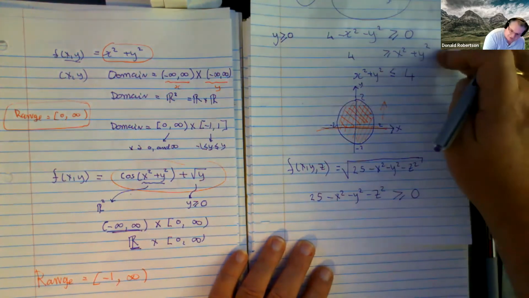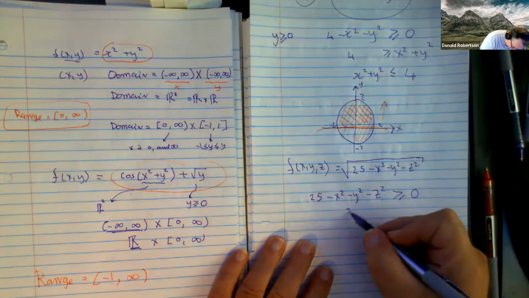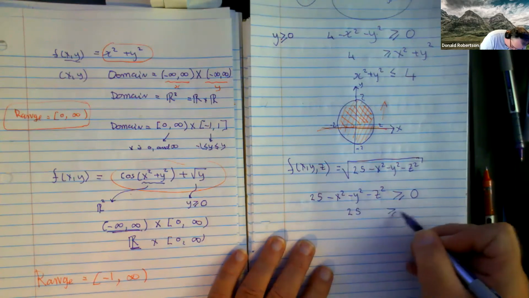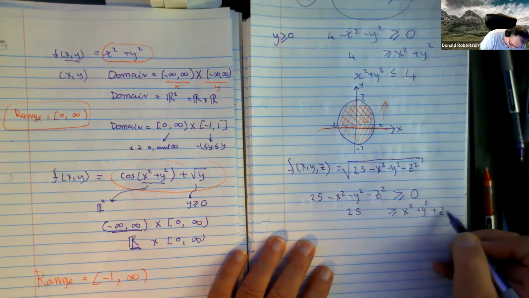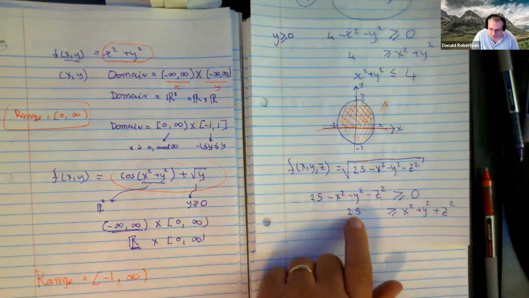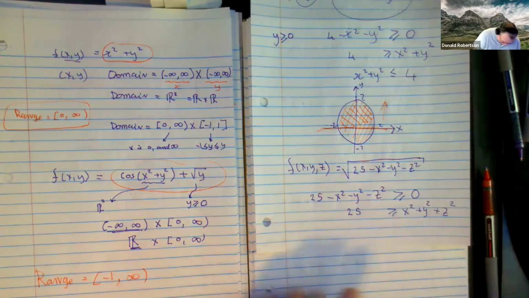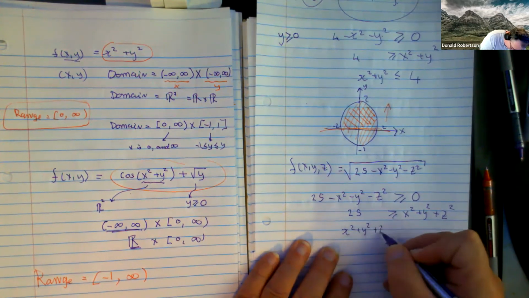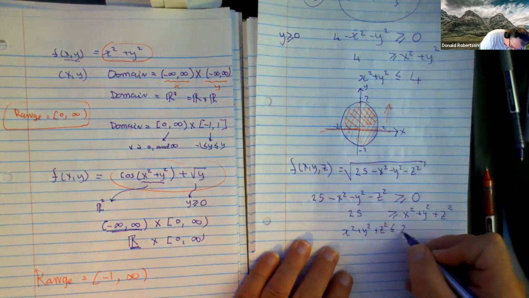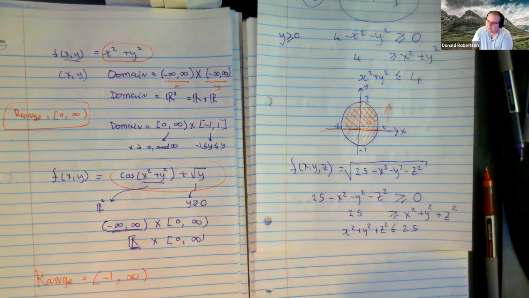So I'm going to do something like this guy up here. If you add the x squared, the y squared, and the z squared to both sides, what you're saying is 25 is bigger than that, which is the same thing as that is less than or equal to 25. Okay.